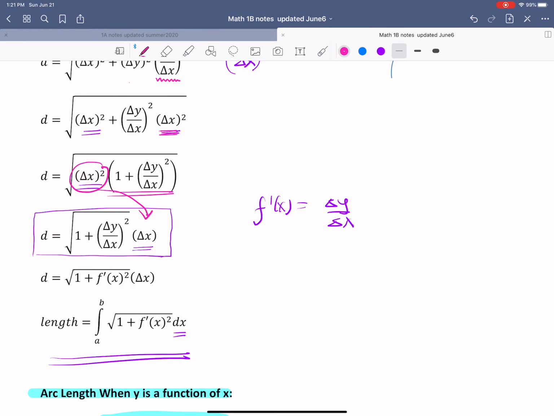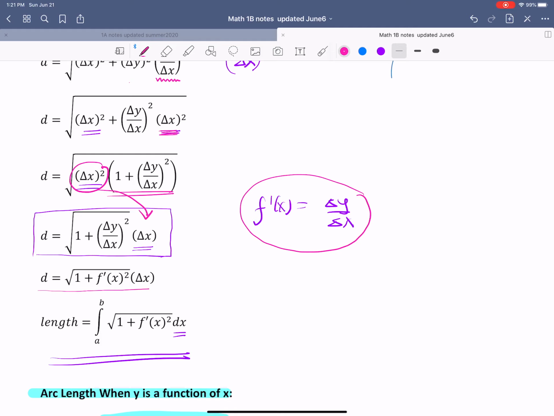Okay, so the distance d, we know f prime of x, the derivative at a point, is the instantaneous rate of change in y over change in x, which is delta y over delta x. Derivative f prime of x in terms of differentials is delta y over delta x.